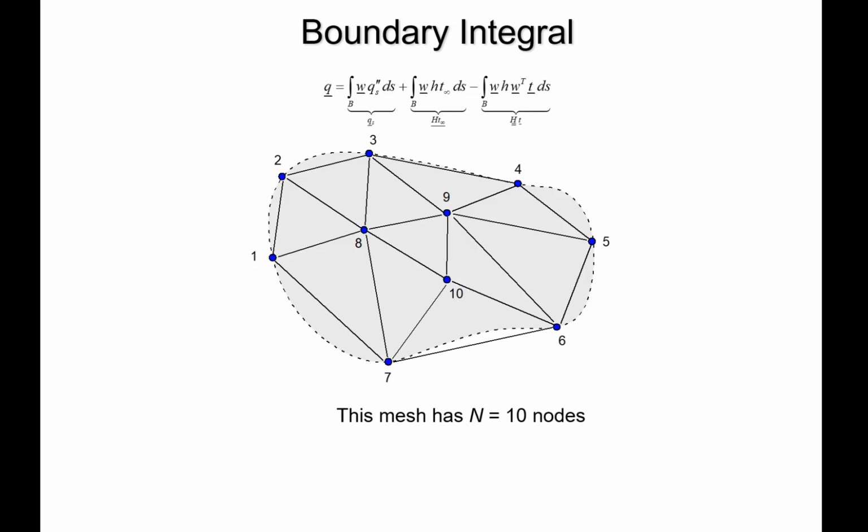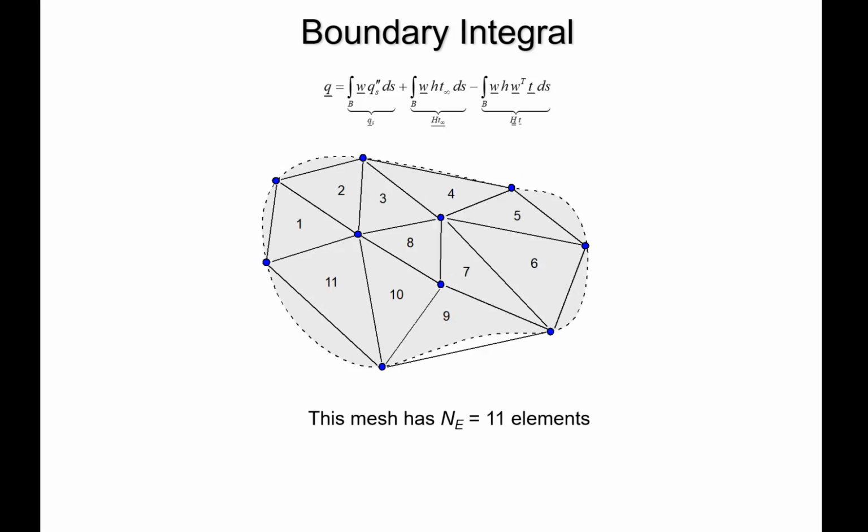We're going to have to do this boundary integral boundary segment by boundary segment. So that's another characteristic that your mesh will have. This is just a reminder of what a very crude mesh might look like. This mesh has 10 nodes, and they're connected to one another in order to form triangular elements.